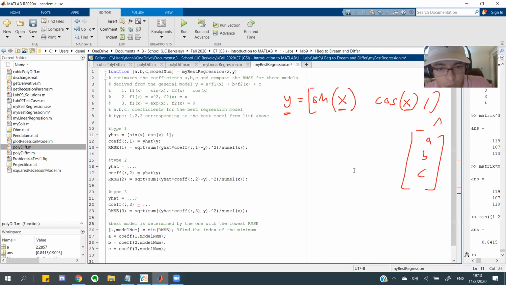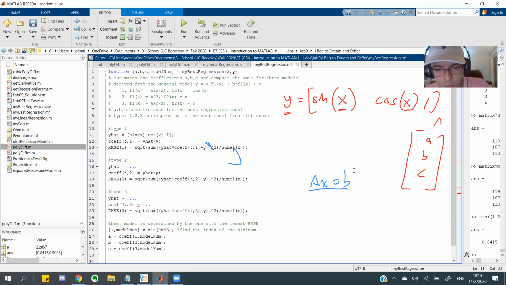Let me use blue color. You had written the problem AX equals B. Yes. So let's call it the standard linear equation.